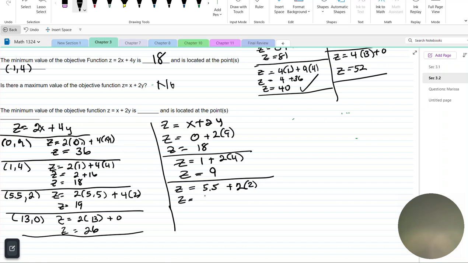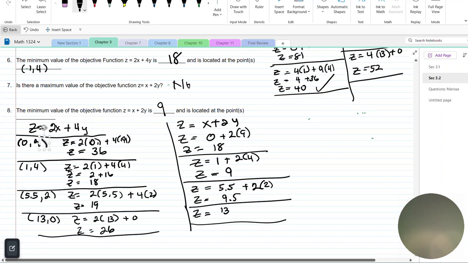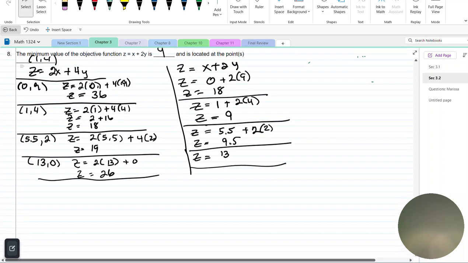So z equals 9.5. I'm doing the last one. Z equals 13. Okay, so my lowest is 9, at the point (1, 4). So they all congregated there.